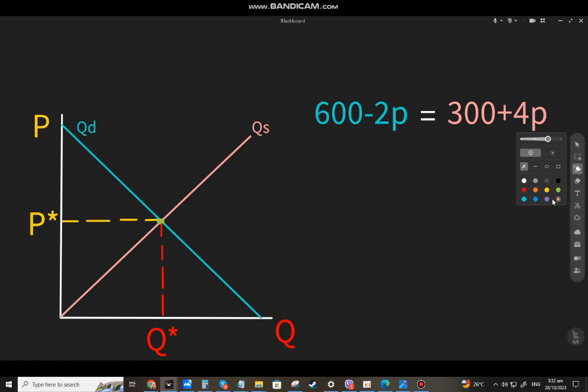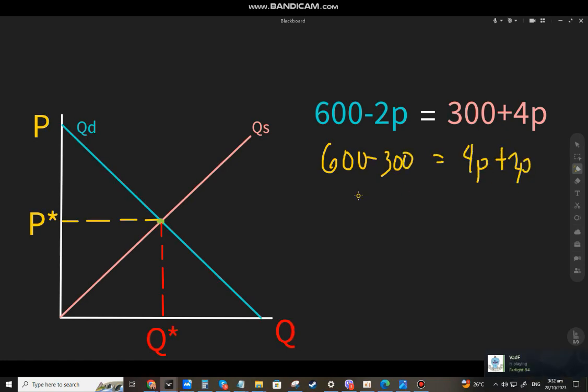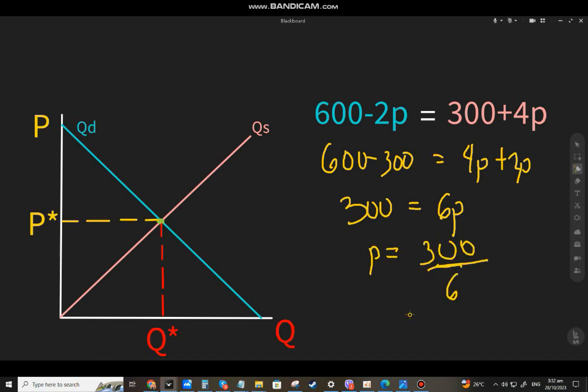So that will be 600 minus 300 is equal to 4p plus 2p. That will be 300 is equal to 6p, and p is equal to 300 over 6. P is equal to 50. Now we know that the P star, or the price of the market equilibrium, will be 50.